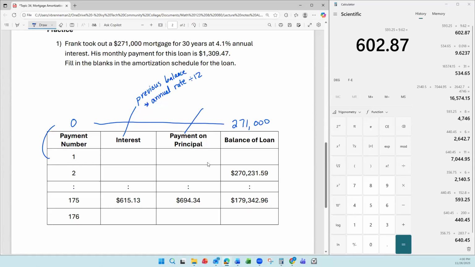The payment on principal is what's left of the monthly payment after covering the interest.